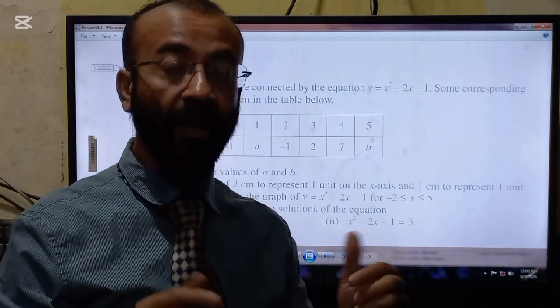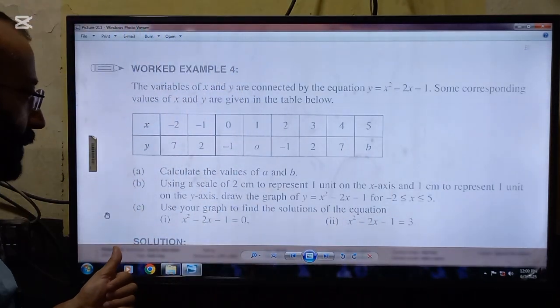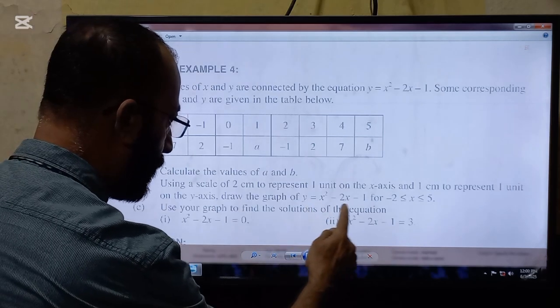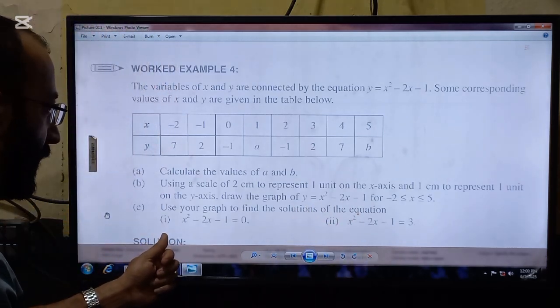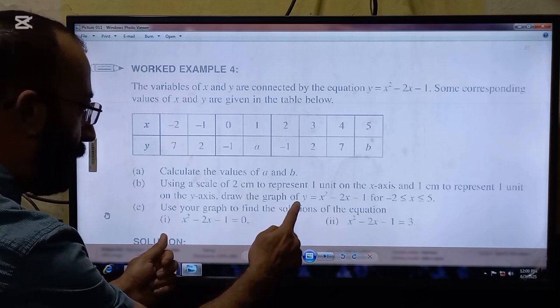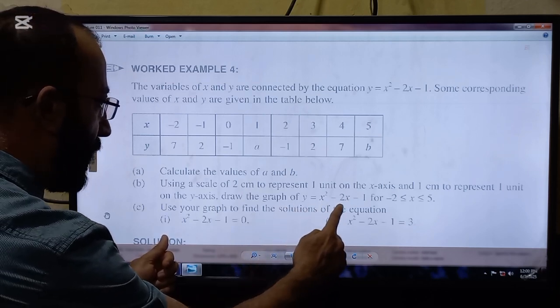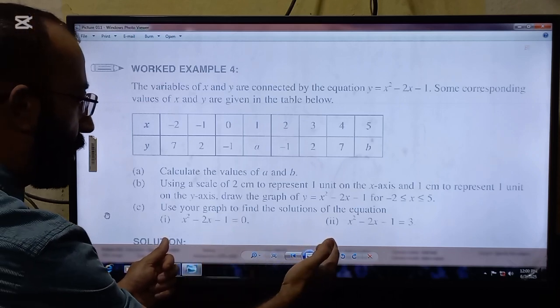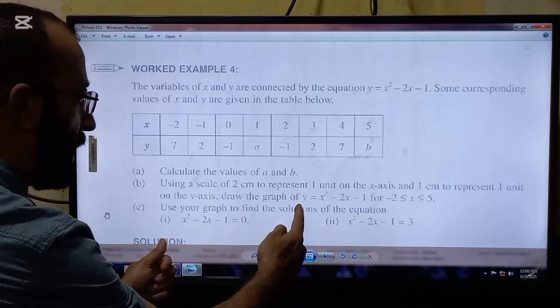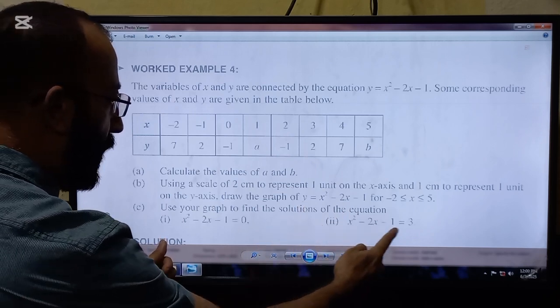So look carefully, what is the difference in this part? So look, here is the original equation, and in first part you can see we have placed 0 in place of y. The rest of the equation is same. So x square minus 2x minus 1 is equal to 0. And in second part we have placed 3 in place of y. The rest of the values are same.